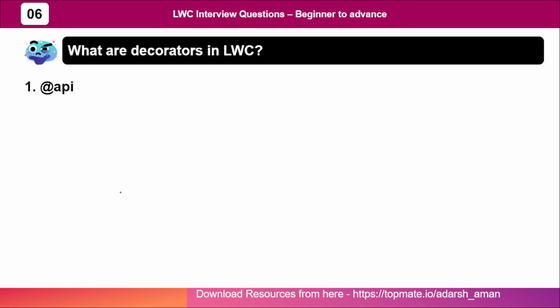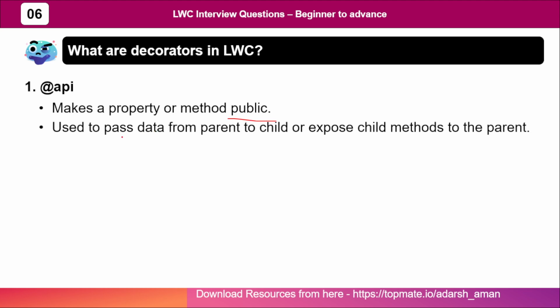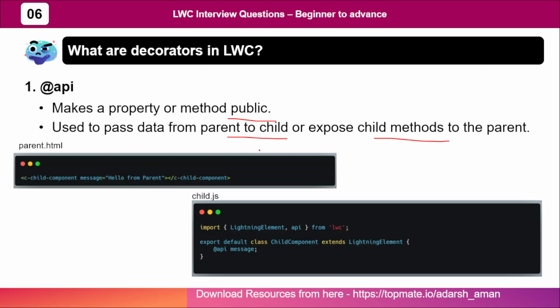The first one is @api. It makes a method or property public, used to pass data from parent to child or expose child methods to the parent. So the example is like, let's say you have the parent HTML, you are adding a child component there, and this is the child JS.